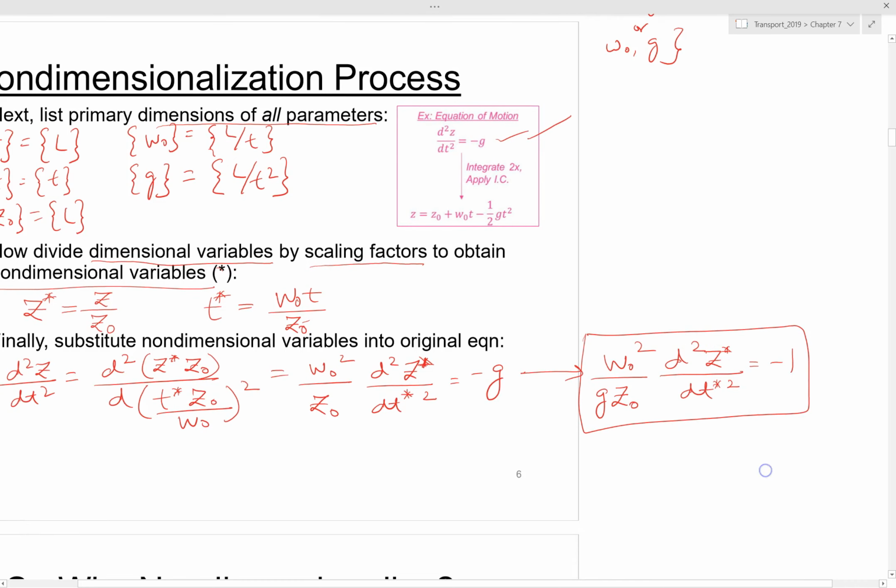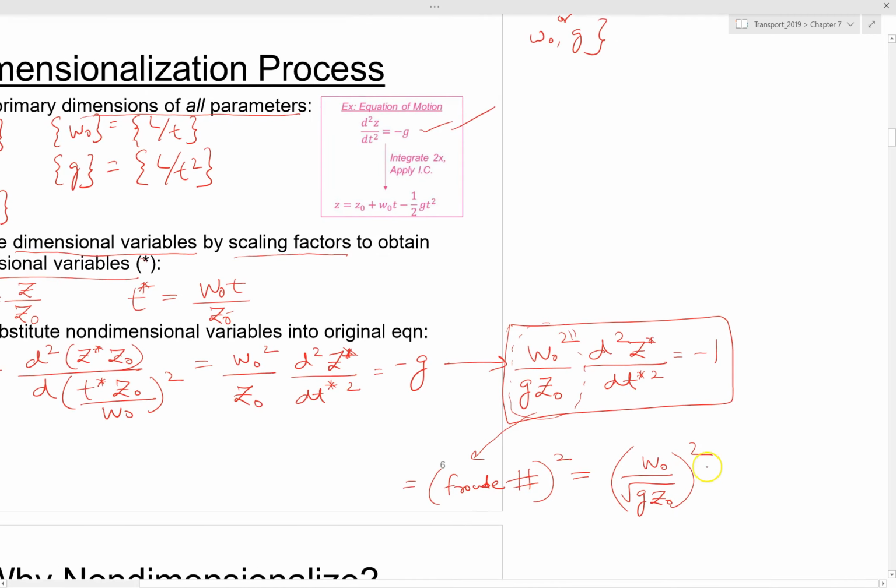So this particular term is what we call the Froude number. Just like the Reynolds number you saw, this is the Froude number, which is essentially of this form. What does it say?